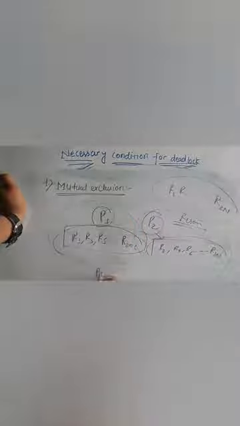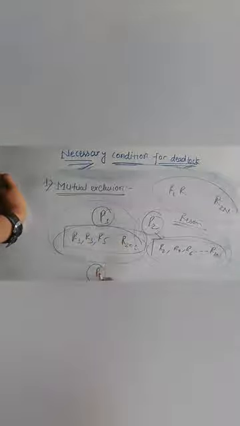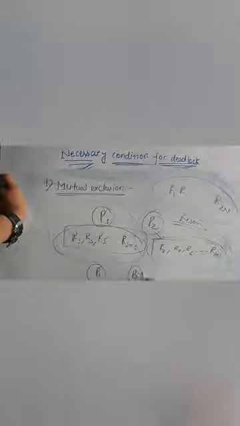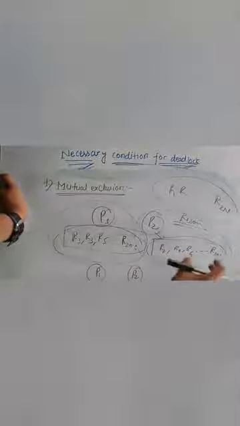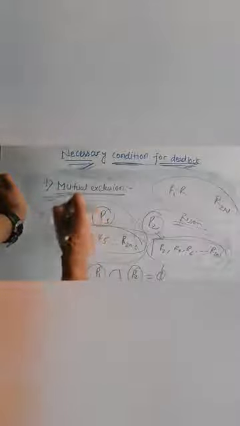This is P1, the set of resources allocated to it, and this is P2, the set of resources allocated to it. Here their intersection is phi. This is called mutual exclusion.